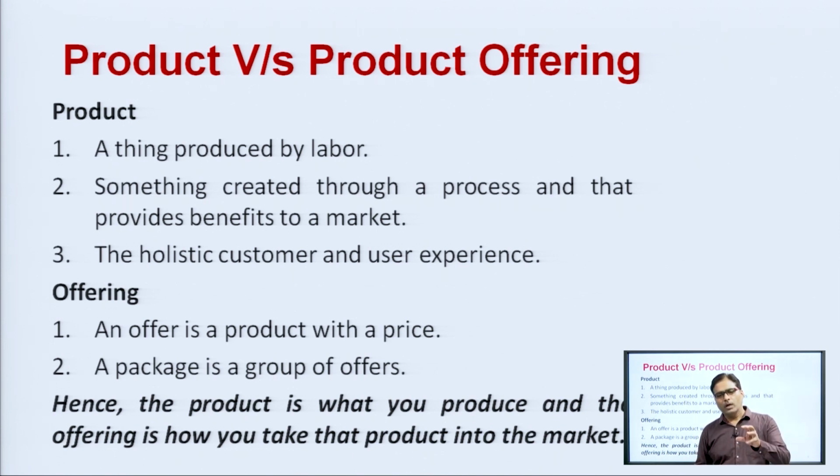Means if something is produced in the manufacturing unit, it may require some process to go through, and it also should have some benefits, some value for the market. Market here refers to the consumers, and the product with its values or benefits associated with it, the whole thing is termed as the product.